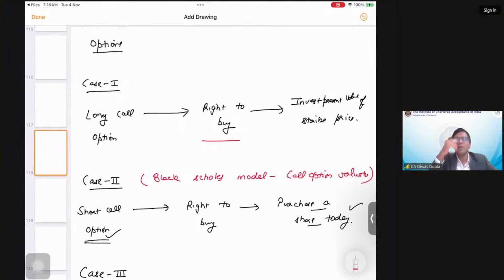Now, if you have to buy the asset at the strike price on expiry, we need to be available with the resources as on today. So what we will do, we will invest the present value of strike price as on today.